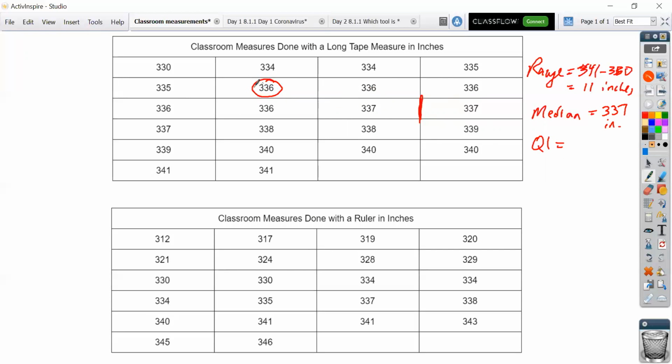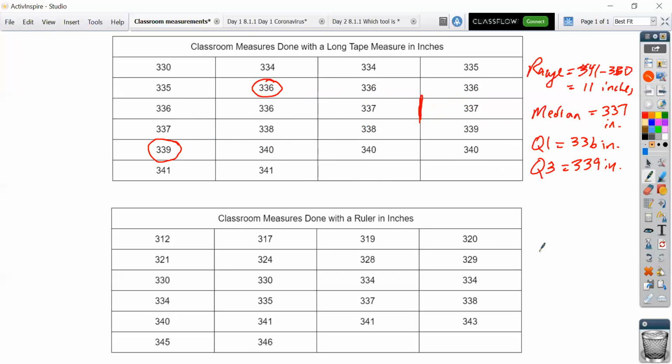So this is the lower quartile. That'll be 336. And the upper quartile, that's going to be the same way. 1, 2, 3, 4, 5. That should be this one. 1, 2, 3, 4, 5. Yes, 339 inches.